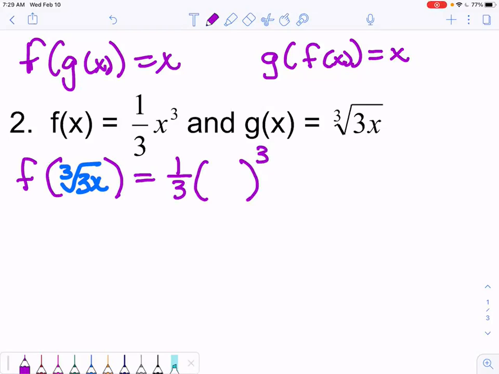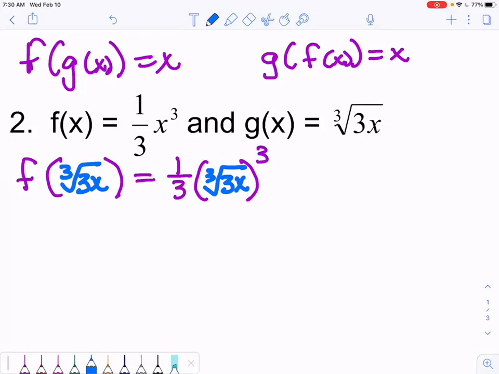Now remember, you're replacing x with whatever's in parentheses, and I put mine in blue here just to show that it is a different function. So we're not multiplying by it, but we're replacing x. So x is cubed. That means whatever I'm replacing it with has to be cubed. So I have 1/3 and then the cube root of 3x, and then that's cubed.